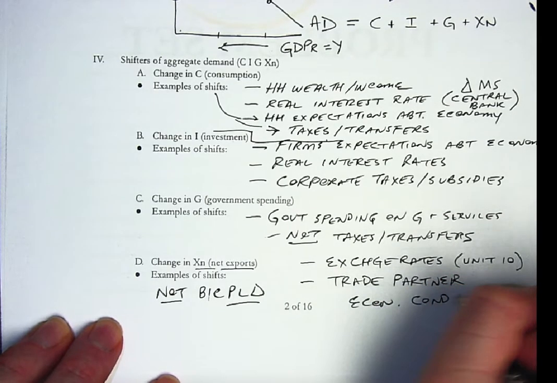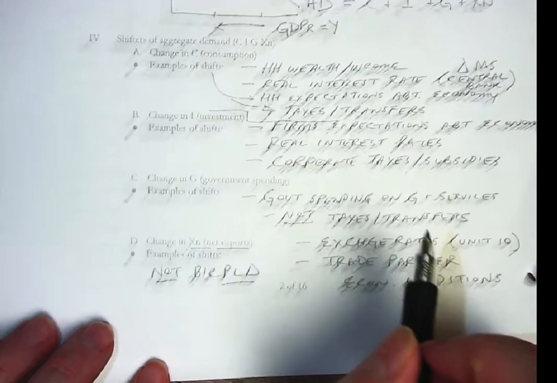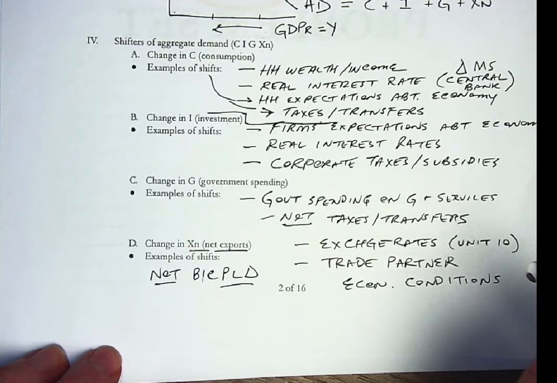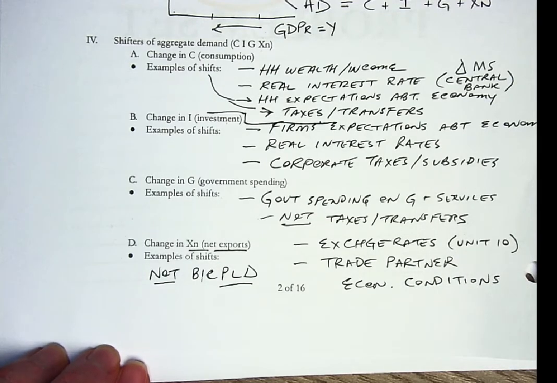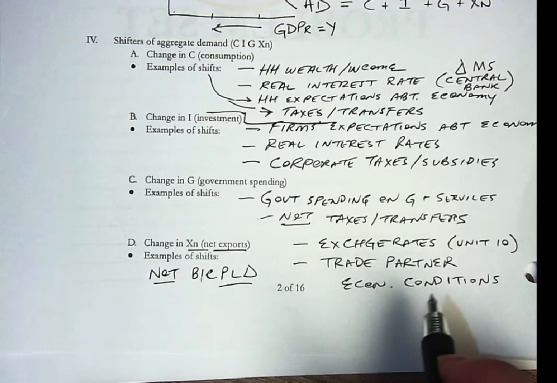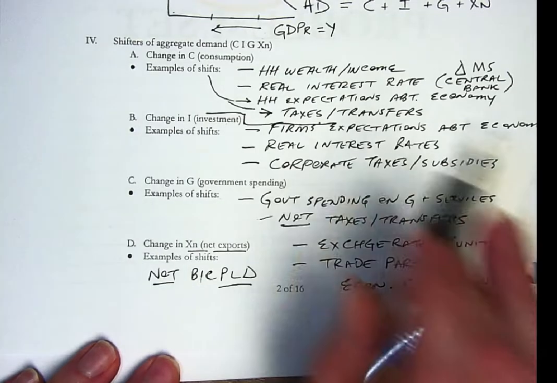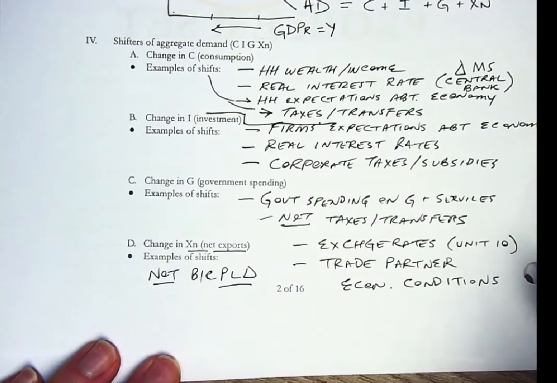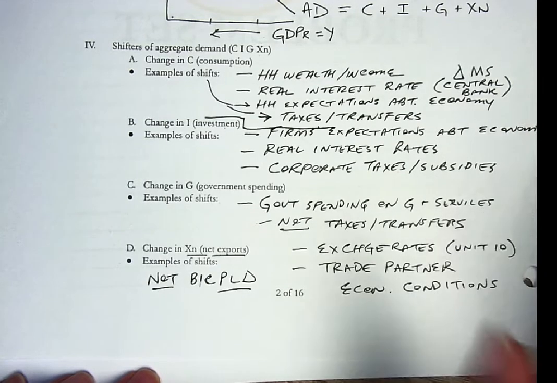This is the idea that if two countries trade with each other, Japan and the United States, and Japan enters a recession, the Japanese are not going to buy as many goods from the United States because Japan's in a recession. They can't afford it. So U.S. exports to Japan go down. So this one is the idea that if one country is a little bit sick, they're feeling unwell, right? Not in a literal sense, but their economy isn't feeling so well, then the other country might catch a cold as well.